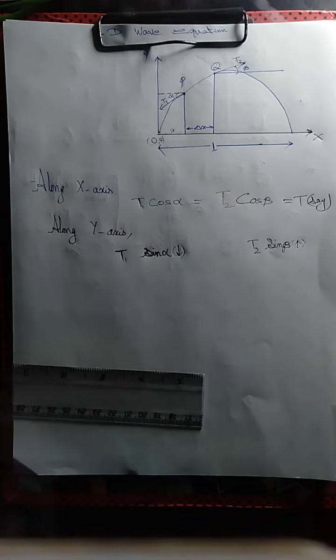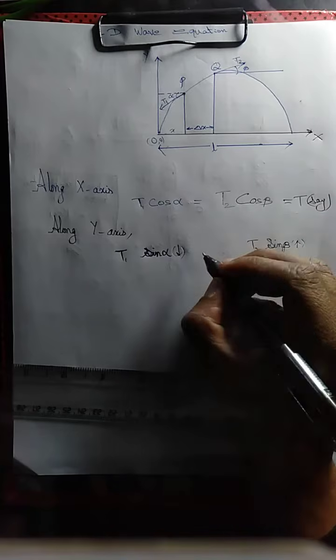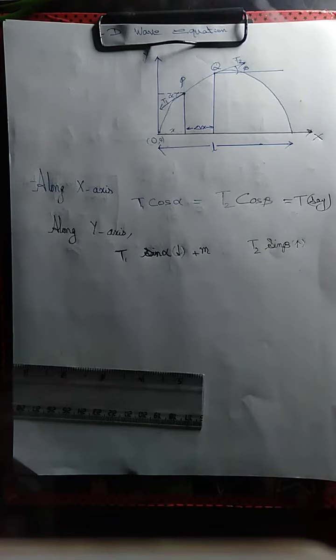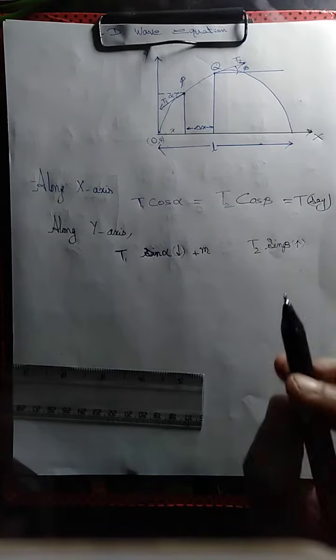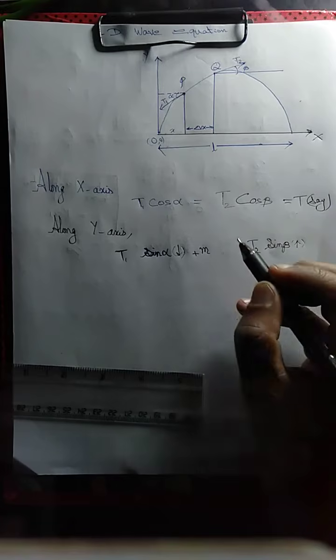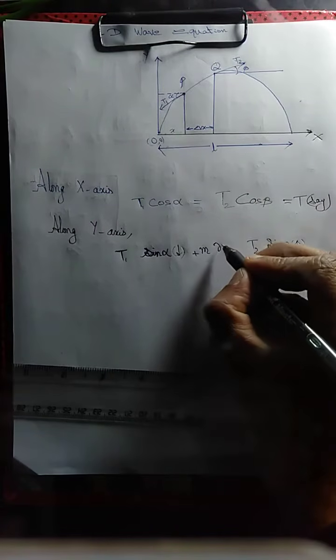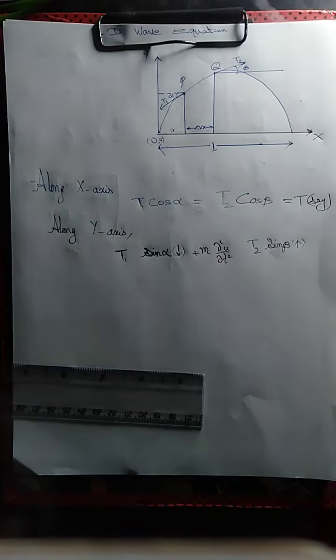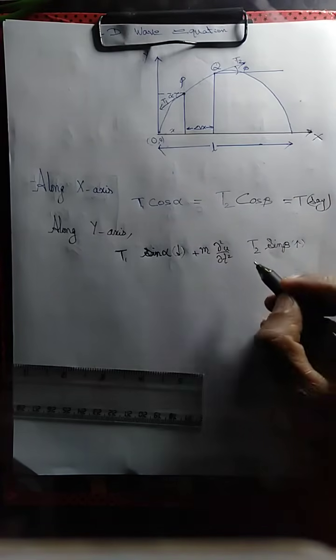And what is that? That is your mass into acceleration. If u denotes the position of the string, then what is the acceleration? That is acting down, mass into acceleration. M denotes the mass of PQ. M into acceleration. What is acceleration? Well, that is del squared u by del t squared. Double differentiation of position with respect to time will give you acceleration. That is acting down.